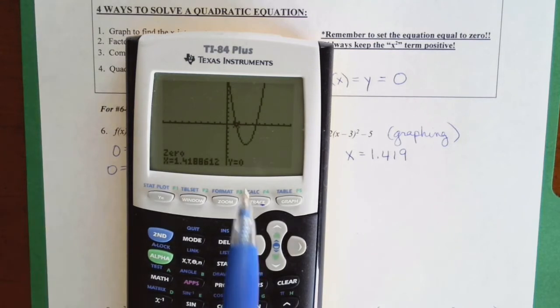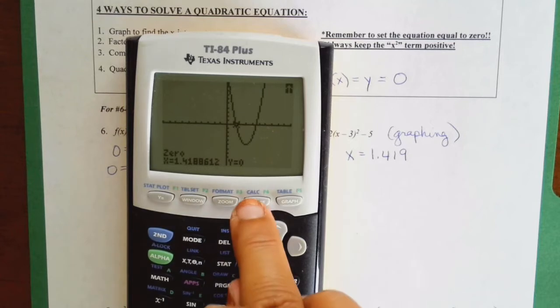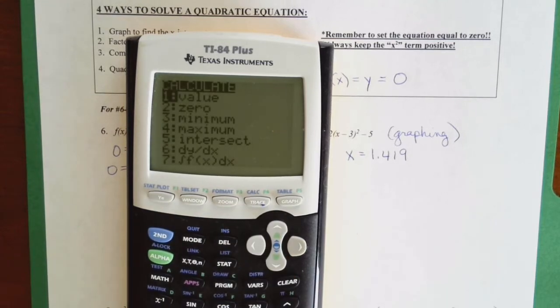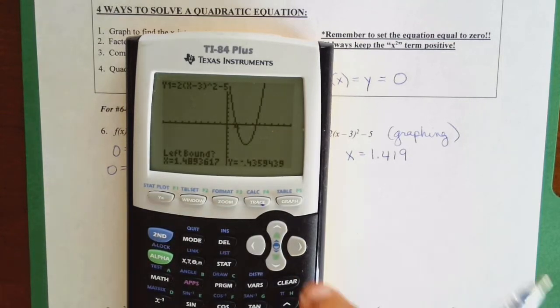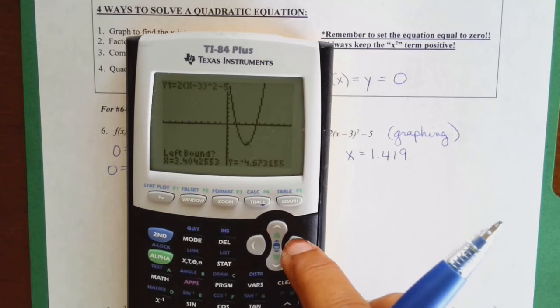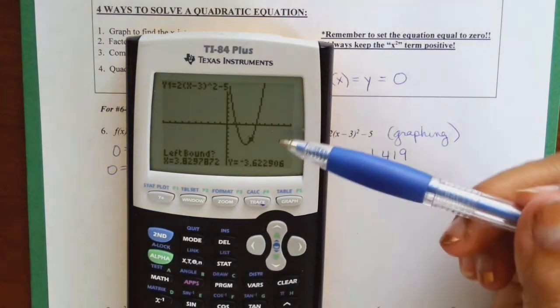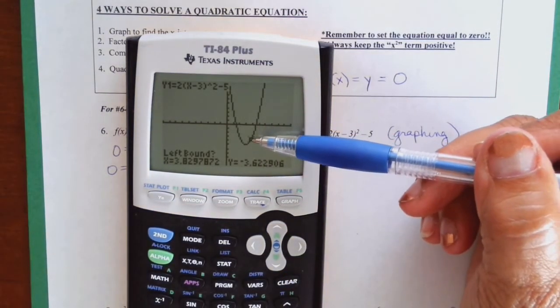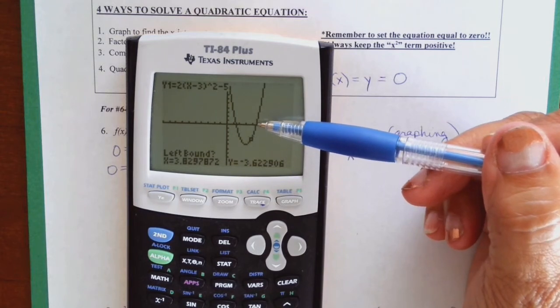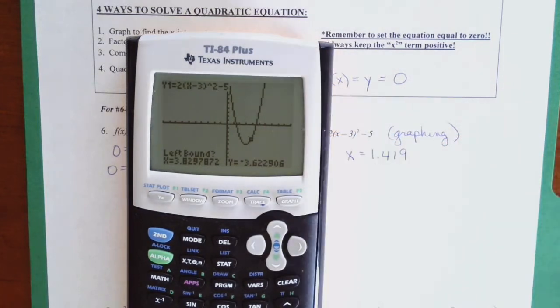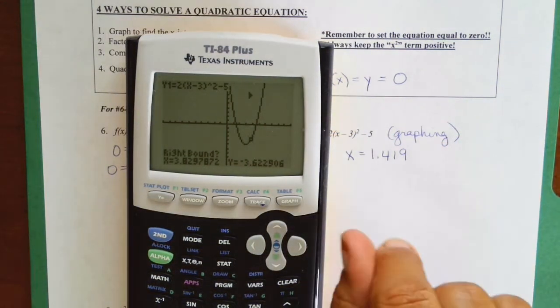All right, so now we have to find the other one. So we got to go through the same process. We got to start over. So second trace, number 2 for 0. Now we need the left bound, which this time will be underneath the root. So again, look at your root, and that cursor is to the left of where my pen is. So that's the left bound. Enter.